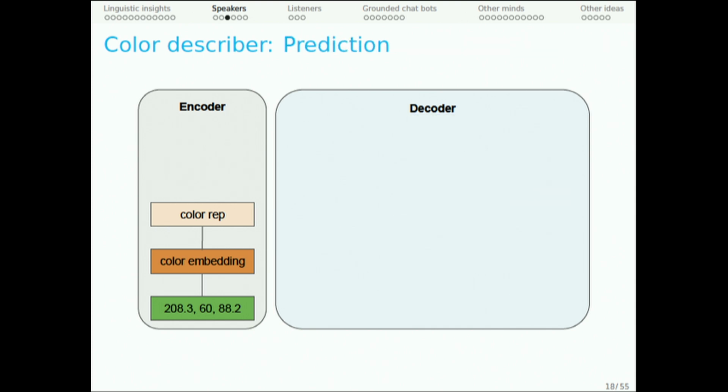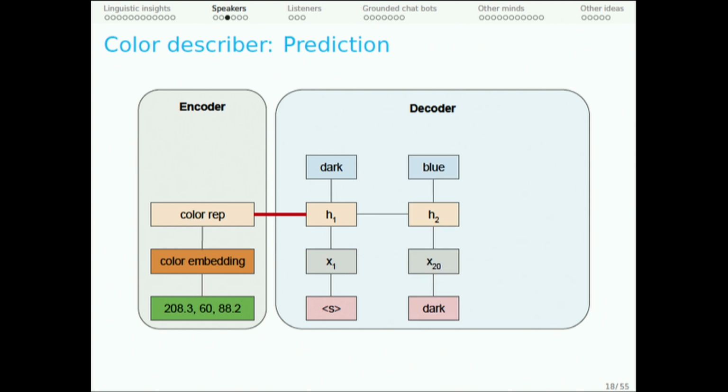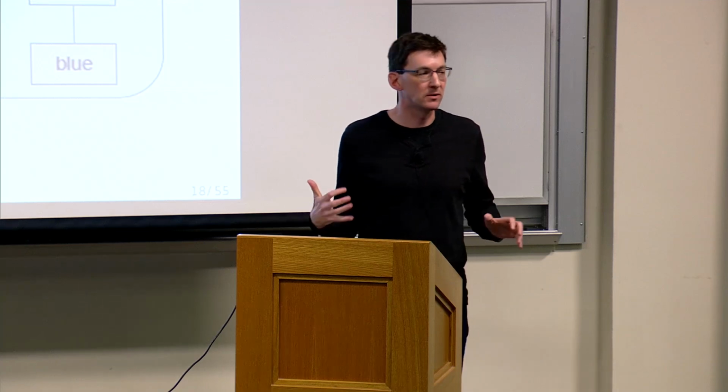And then at prediction time, again, a color comes in, that's what's given to us. Look up its embedding, get a representation, and then we have to just go on our own here, right? So produce these predictions and stop making predictions when we hit the end symbol. In that case, here we produce this description, dark blue. Does that make sense? I don't know how many of you have seen these models before.